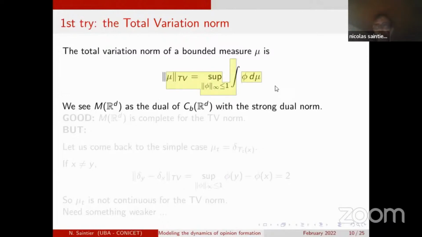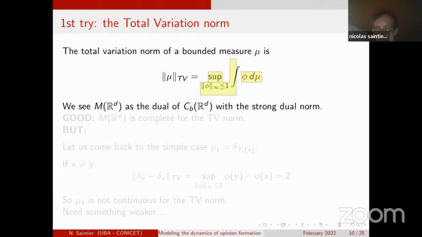This only means that we are looking at the space of bounded Borel measures as the dual space of the continuous bounded functions. So we see a measure as a linear operator acting on continuous bounded functions. This norm here is exactly the strong dual norm. So this is nice. This is very common.